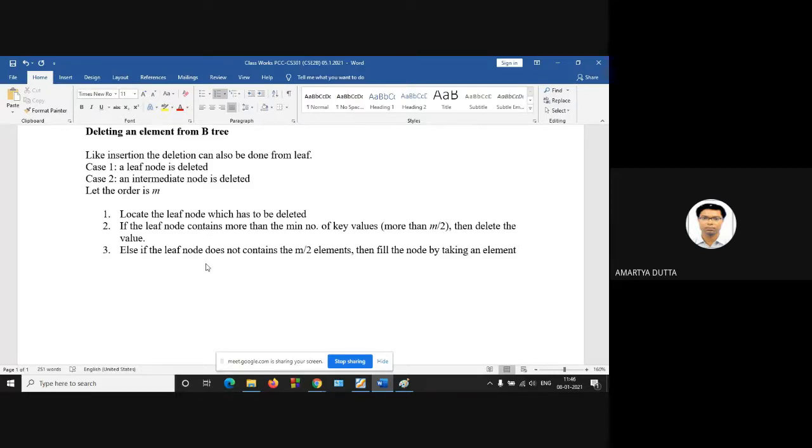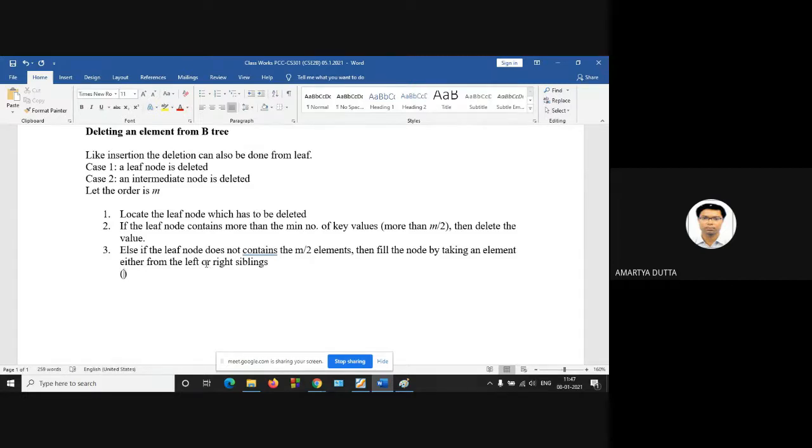By taking the element either from the left or right sibling. Okay, siblings means same location.